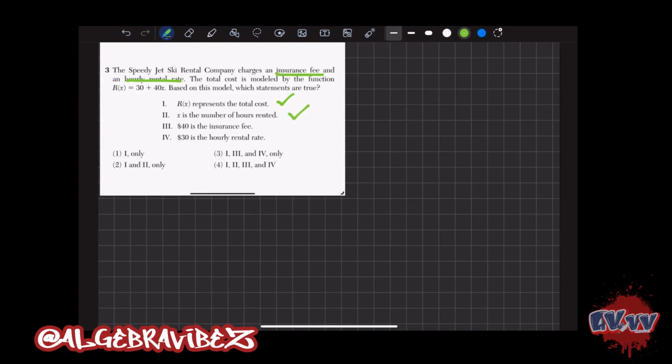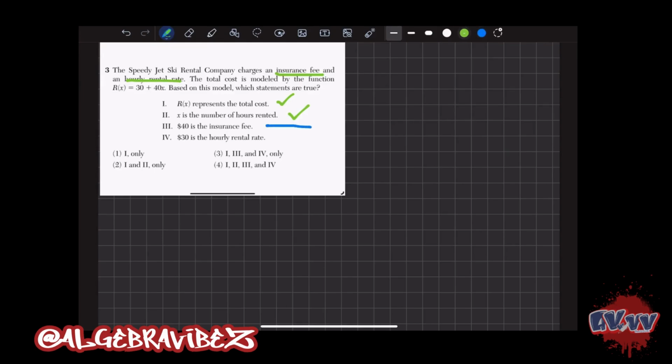We look at Roman numeral 3, and we ask ourselves, is $40 the insurance fee? Now, 4x represents our hourly rental rate because our x is attached to that particular number. The variable will change the amount.